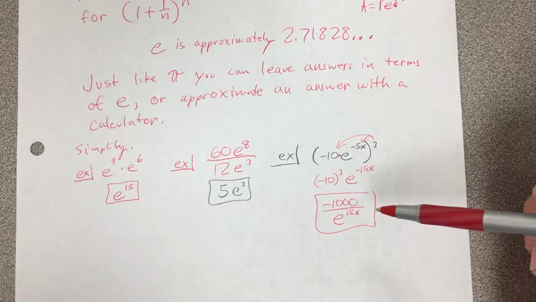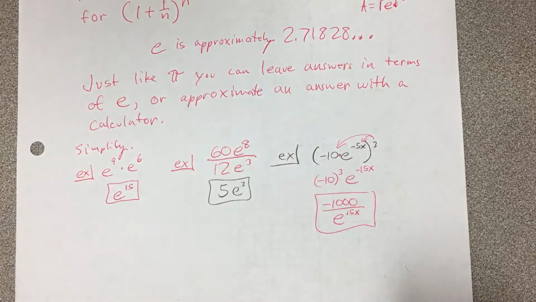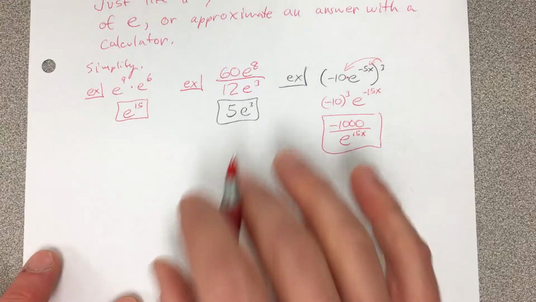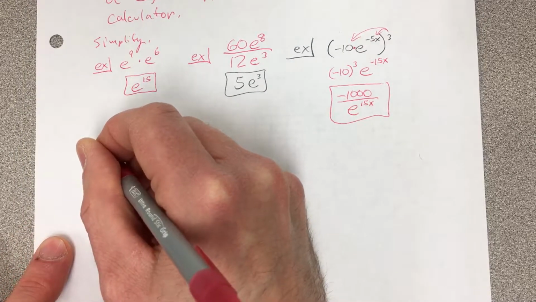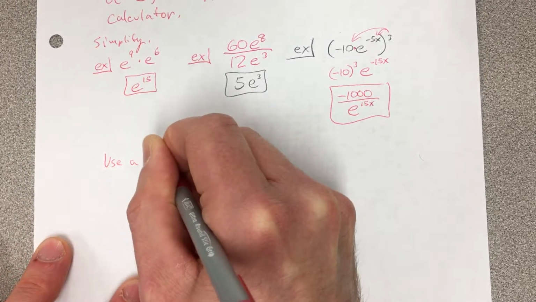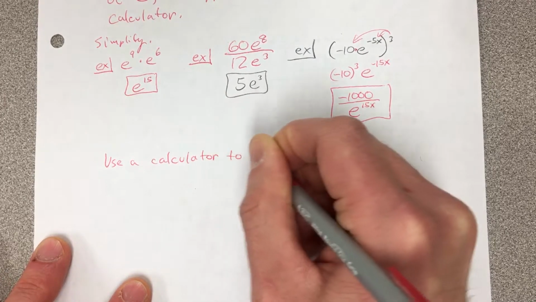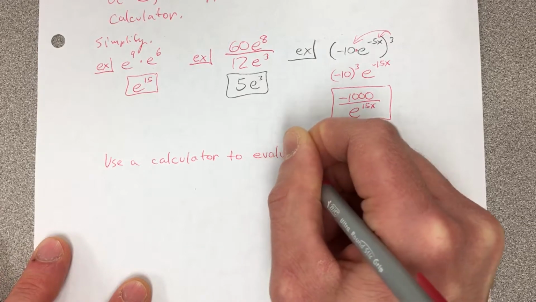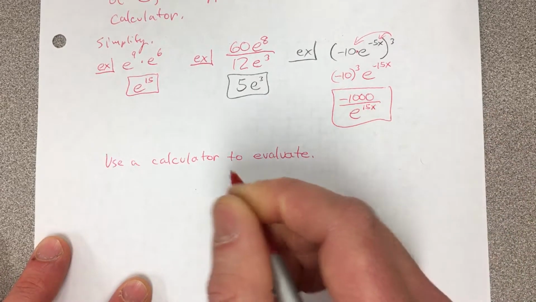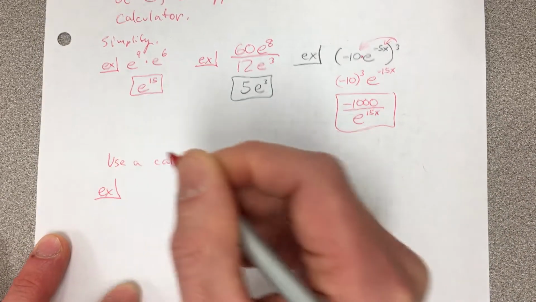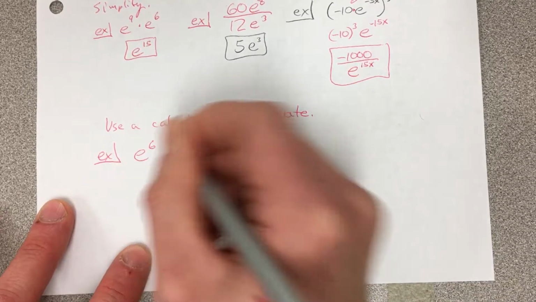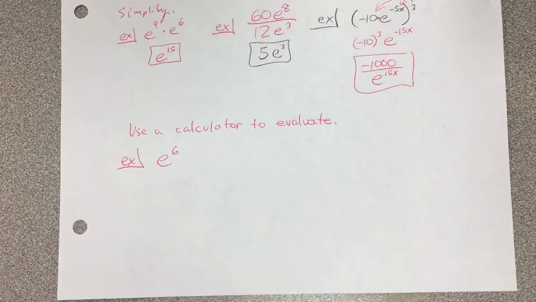All right. Now, I promised you that you'll also be expected to do some problems where they say use a calculator to evaluate. And so let's just try one of these out. e to the 6th.